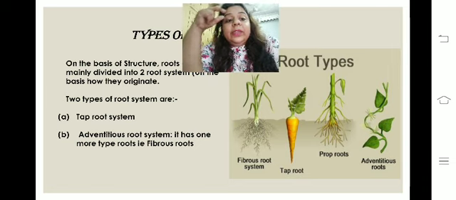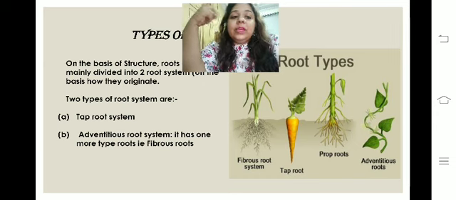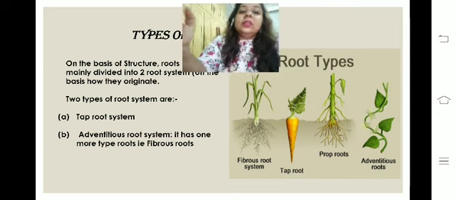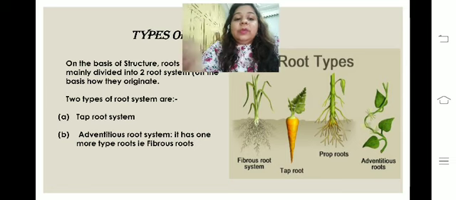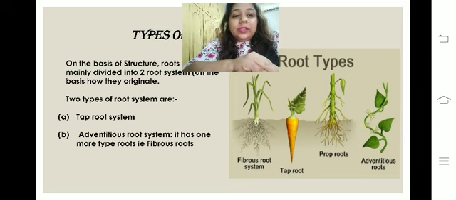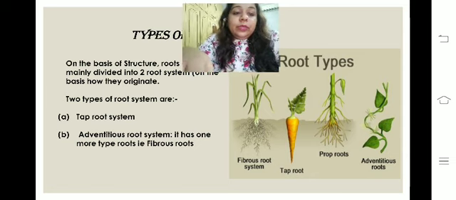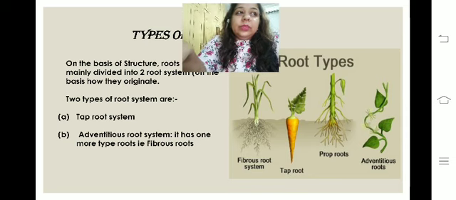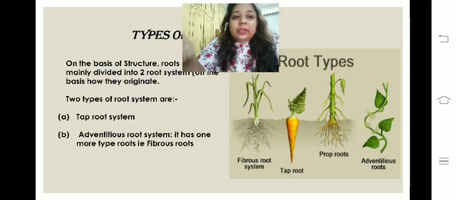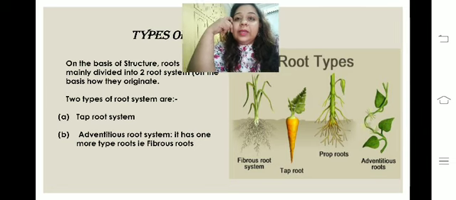There are two main types of plants: monocotyledons and dicotyledons. All dicotyledons have a taproot system, and mostly all monocotyledonous plants have an adventitious root system. The difference between monocot and dicot is that dicots have two embryonic leaves, whereas monocots have only one.